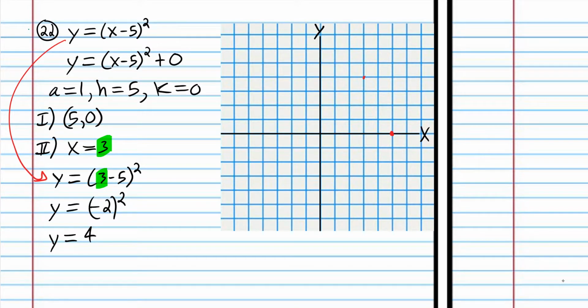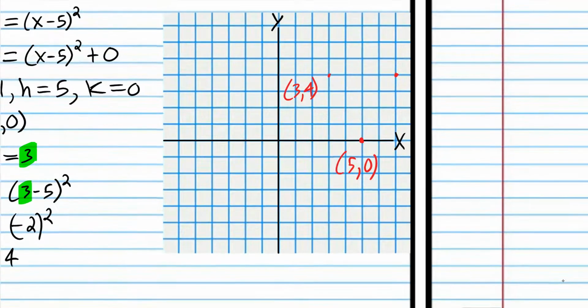And then we can use symmetry. The other point would be there. So (3, 4), (5, 0), and this point would be (7, 4). And that point is kind of in the way, so I'm going to have to move that over. I guess I'll try to write it down here.